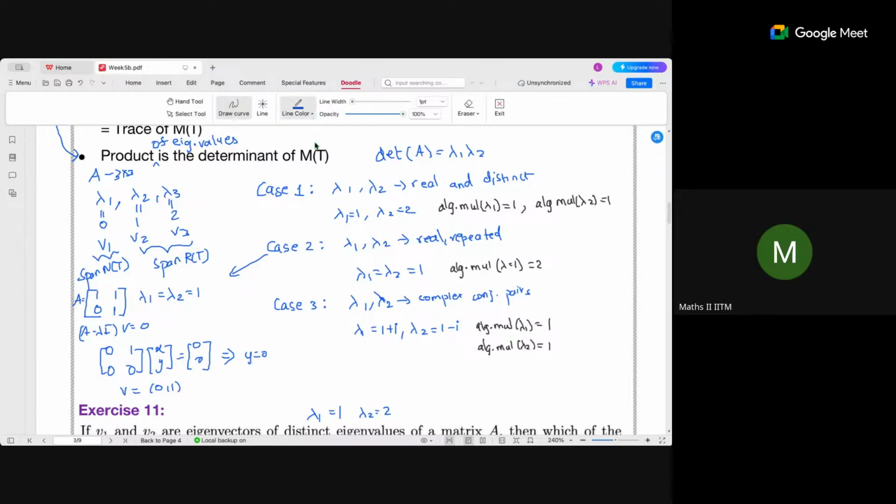So here in this case you have only one linearly independent vector for lambda equal to 1, right? So now, for lambda equal to 1, how many linearly independent eigenvectors do we get?